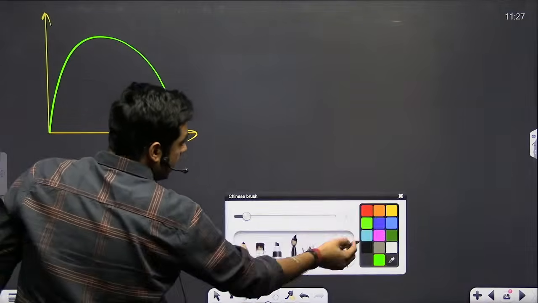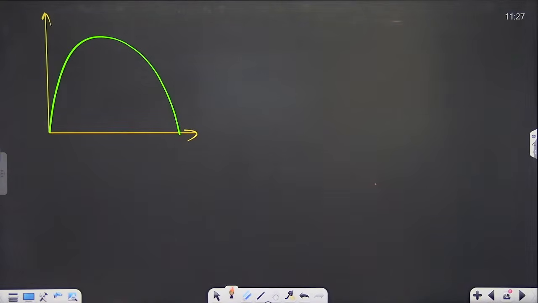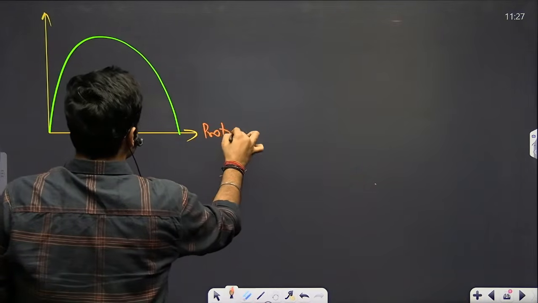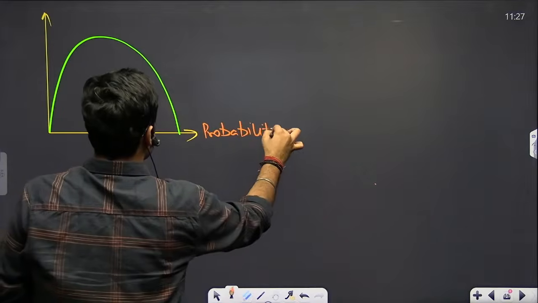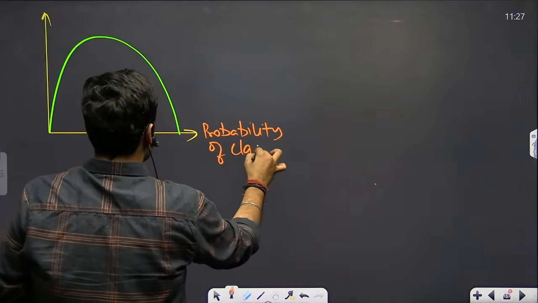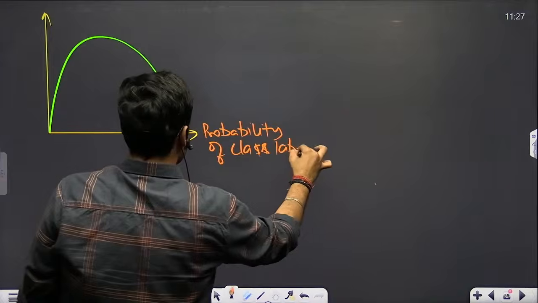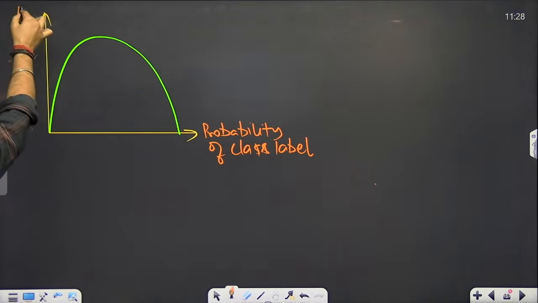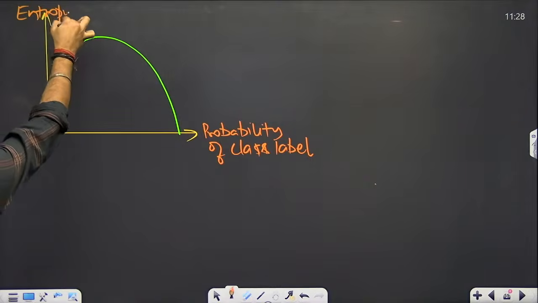What is the x-axis? The x-axis is the probability of class labels. And what is the y-axis? The y-axis is the entropy.